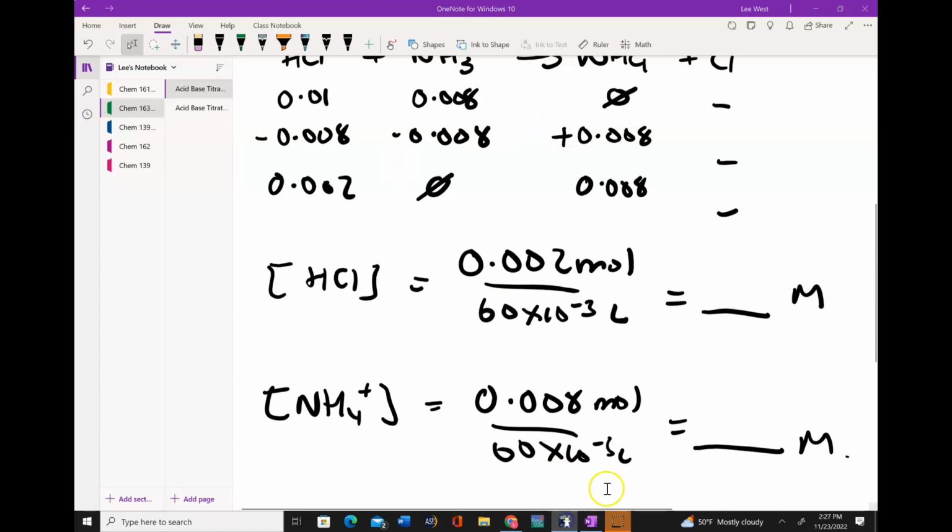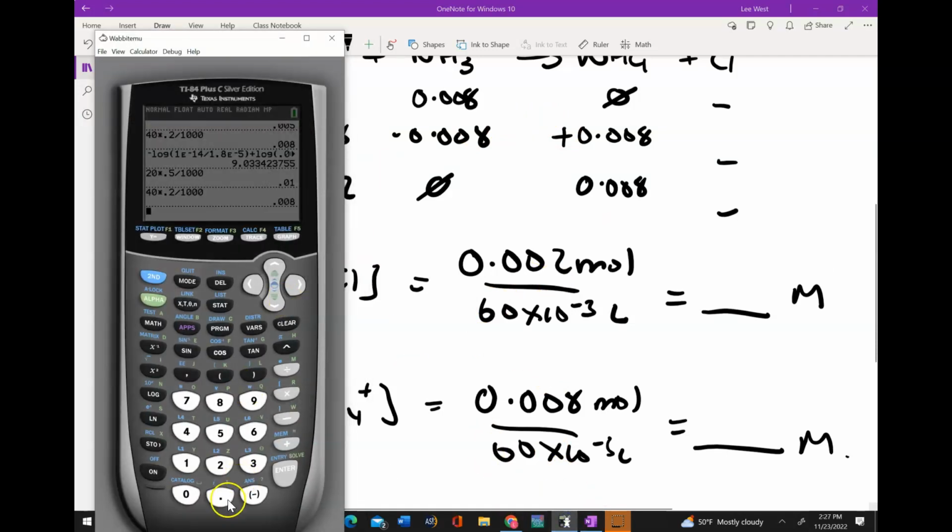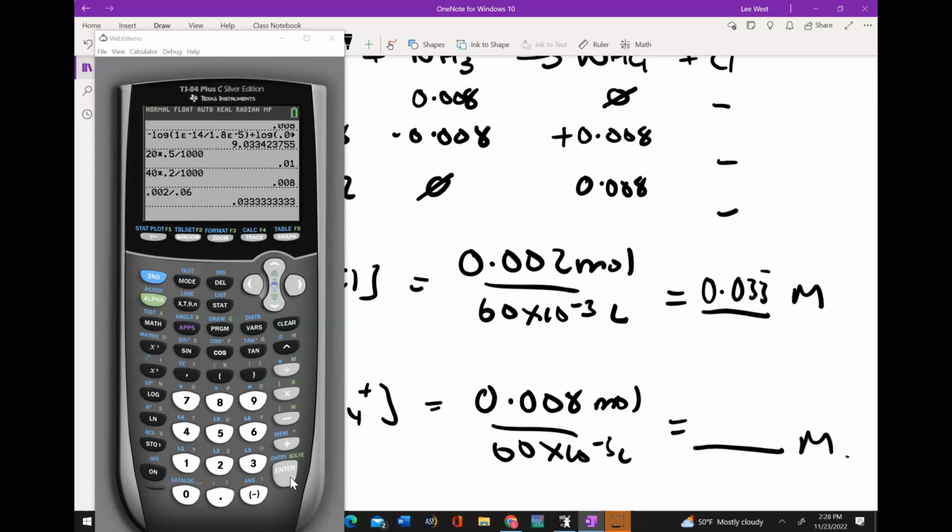So let's go ahead and figure those out. 0.002 divided by 0.06 is 0.033. You can make a note that that's recurring. And then 0.008 also in 0.06 is going to be 4 times that, isn't it? So that ends up being 0.133 recurring.